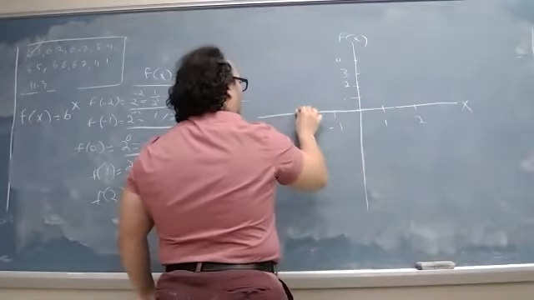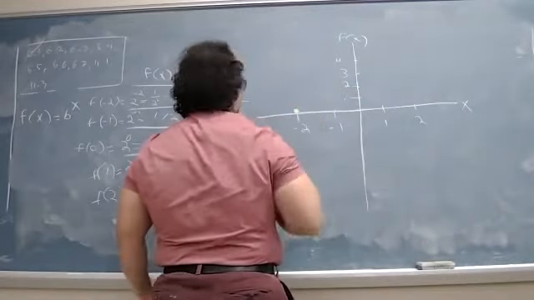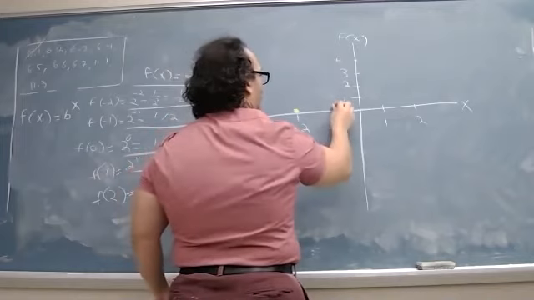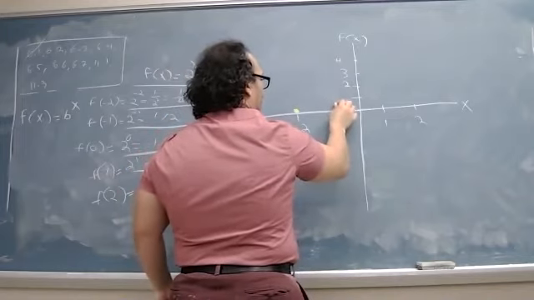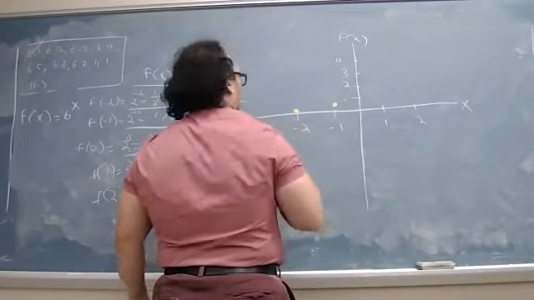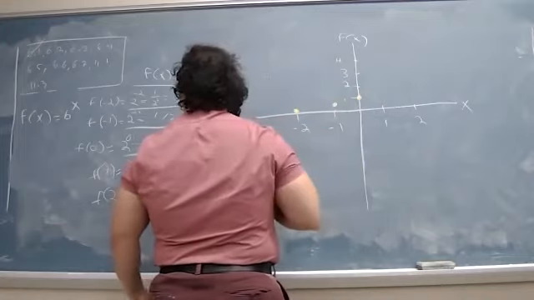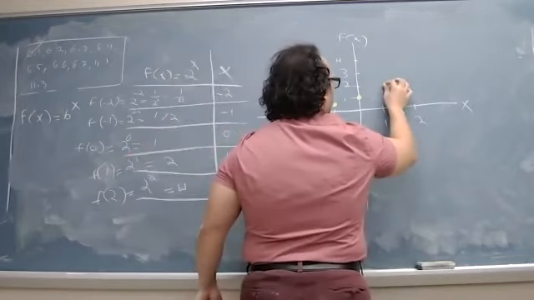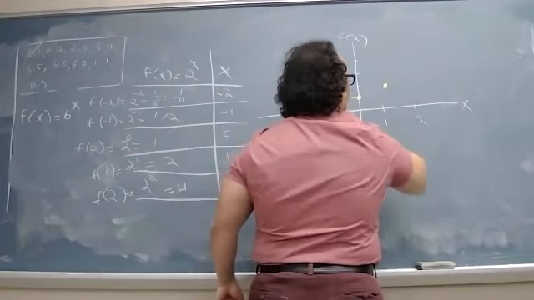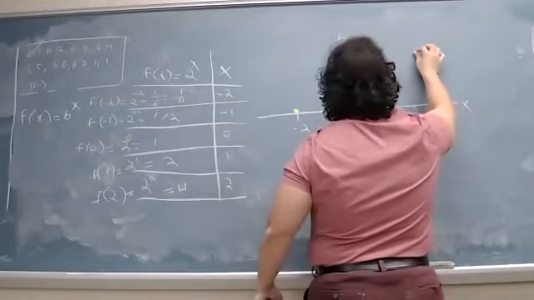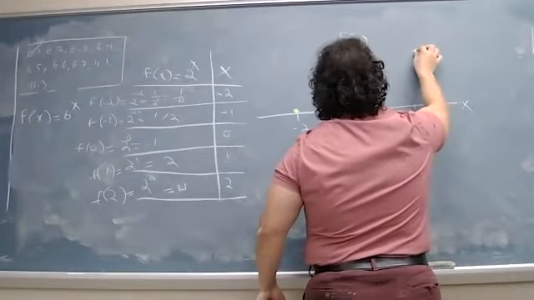At -2, we find a fourth, we put a dot. At -1, we find a half, we put a dot. At 0, we find 1, we put a dot. At 1, we find 2, we put a dot. At 2, we find 4, we put a dot.